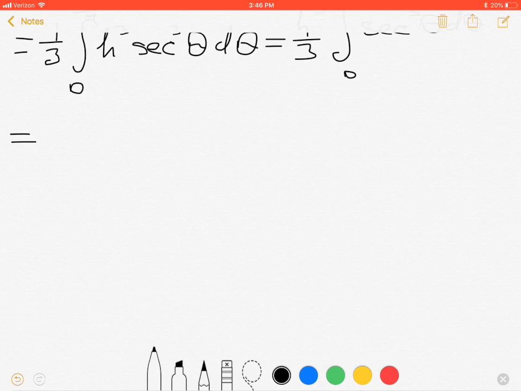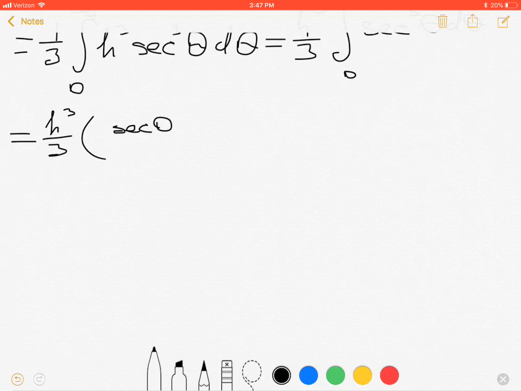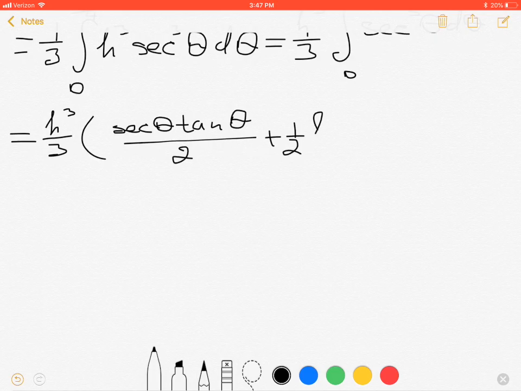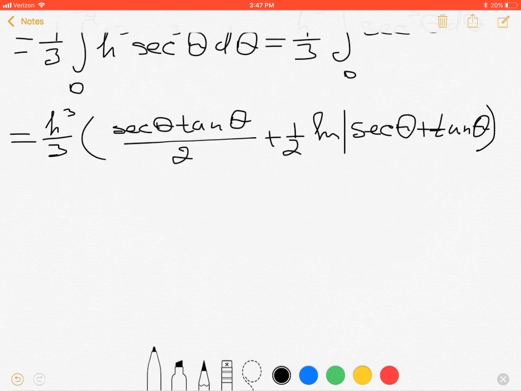This means you can use appendix B and write this integral will be the product secant tangent theta over 2 plus 1/2 natural logarithm of secant plus tangent. Okay, this is absolutely right.